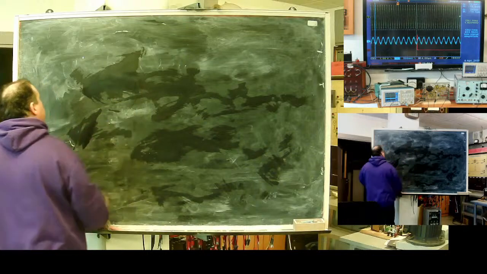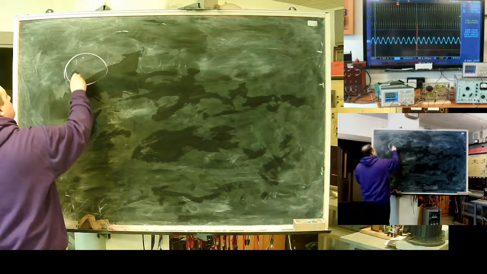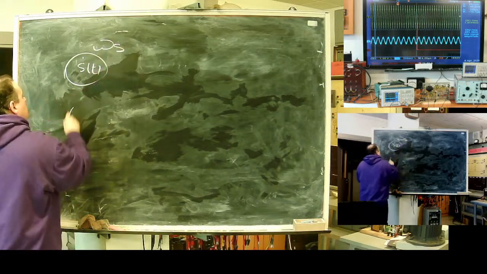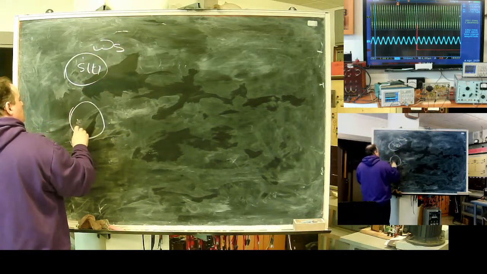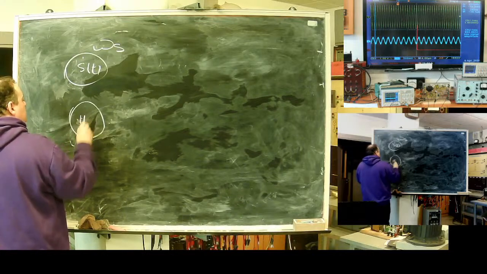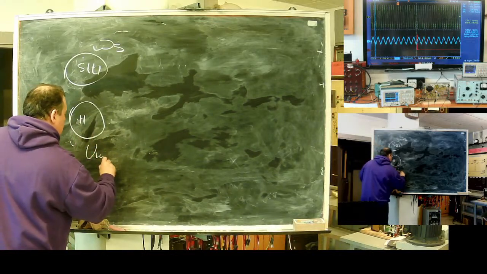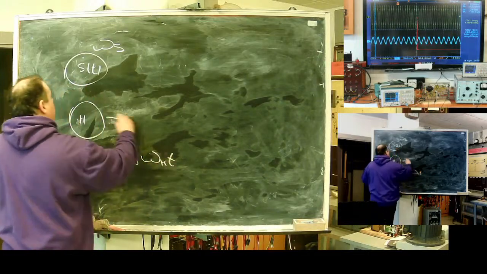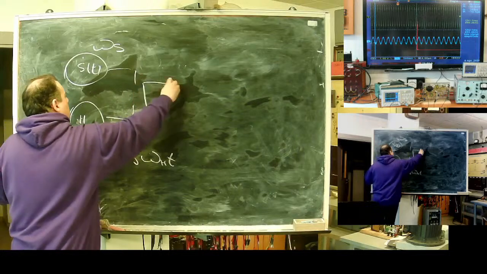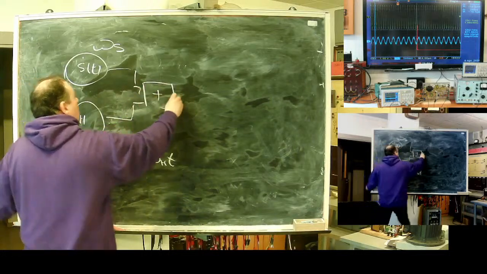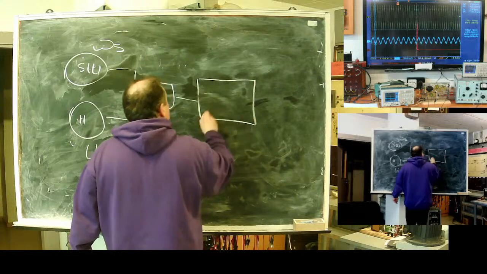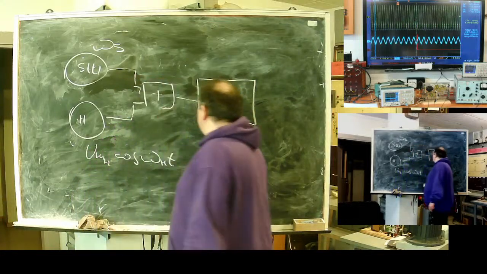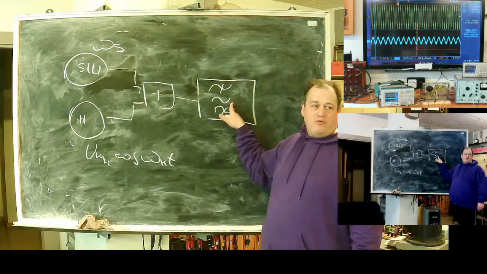Now, let's take a look. This is S with frequency omega S. This is heterodyne, U max heterodyne cosine omega heterodyne time, plus noise. What's the symbol for?